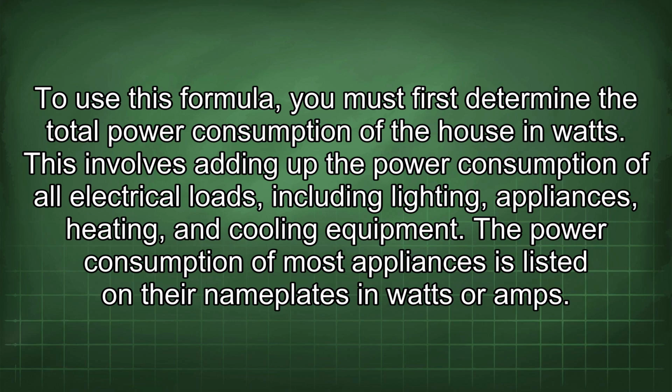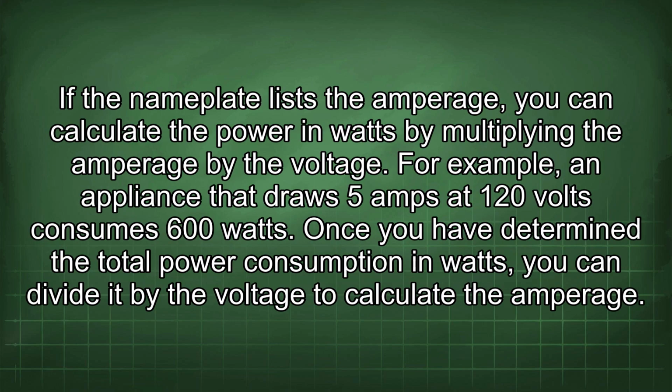To use this formula, you must first determine the total power consumption of the house in watts. This involves adding up the power consumption of all electrical loads, including lighting, appliances, heating, and cooling equipment. The power consumption of most appliances is listed on their nameplates in watts or amps. If the nameplate lists the amperage, you can calculate the power in watts by multiplying the amperage by the voltage.